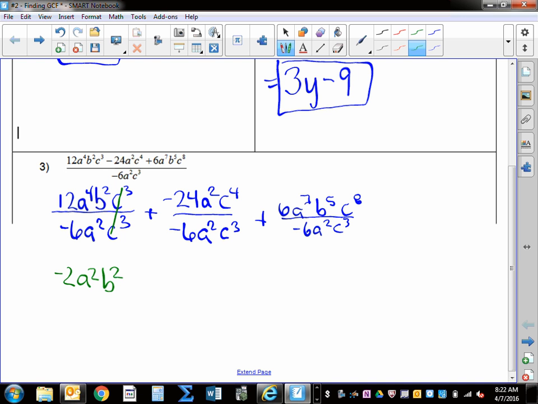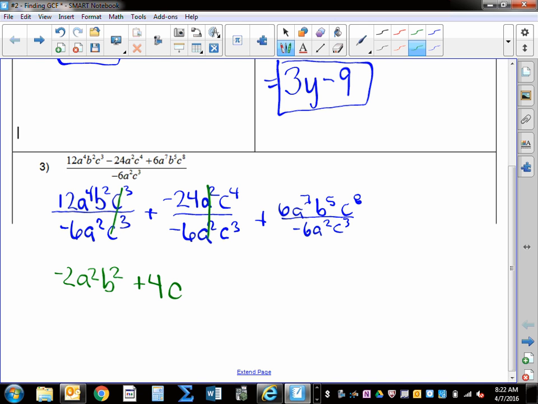Just 1, so that essentially goes away. Alright, next we have negative 24 divided by negative 6. Positive 4. A squared over a squared reduces to 1. C to the 4th over c cubed is just c.